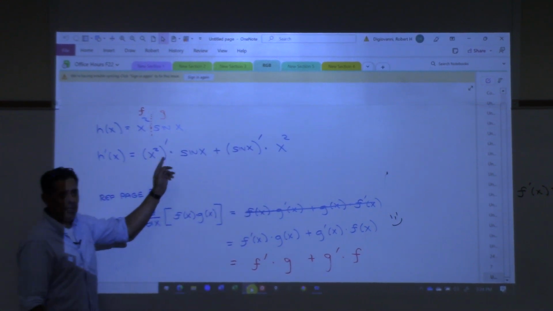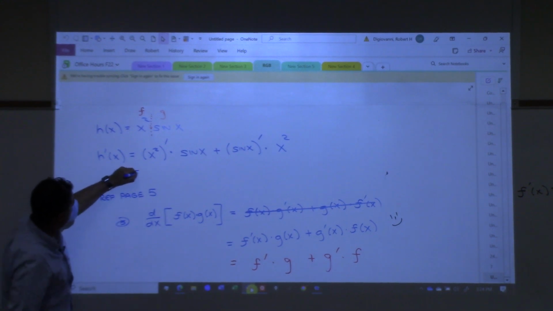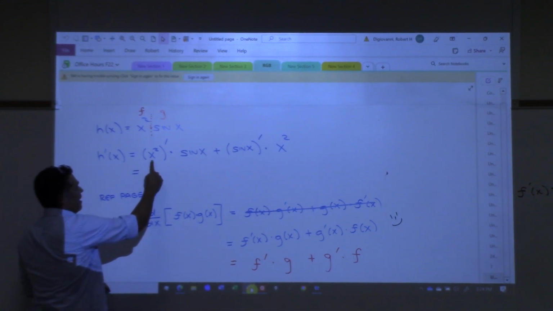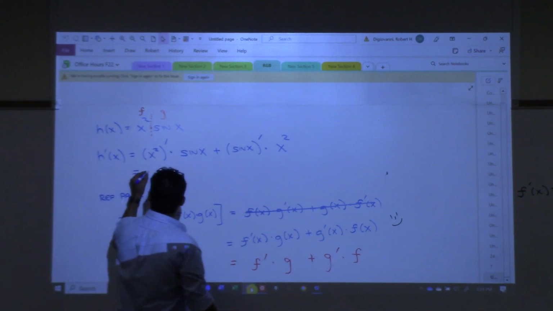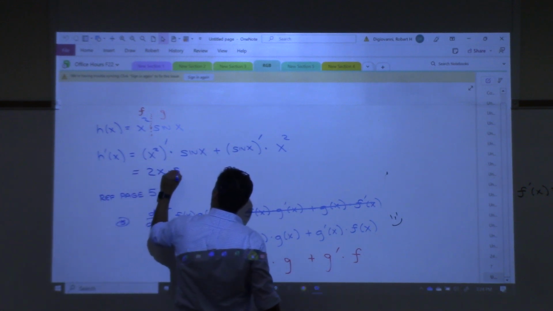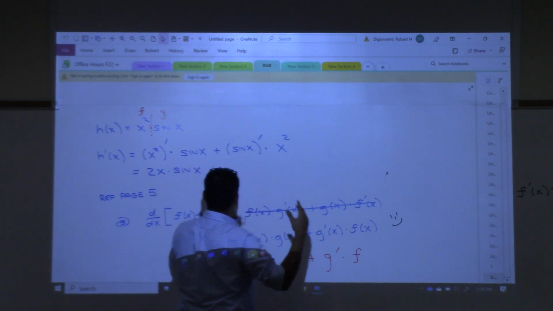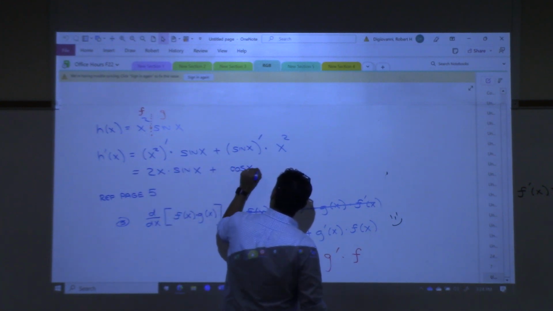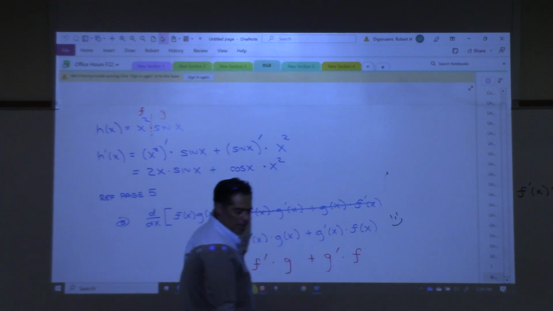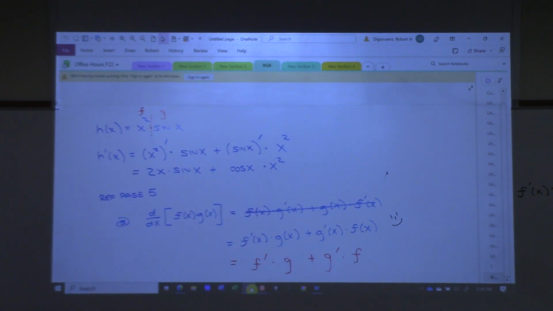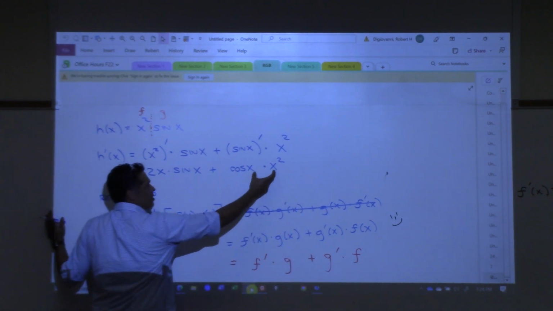Now you can do these individually. What is the derivative of x squared? We said that that was just 2x, right? 2x, and then times sine x. Then plus the derivative of sine x, which we already had said was cosine x, and then times x squared. And we just have to be a little careful here because this does not mean x cubed, right?